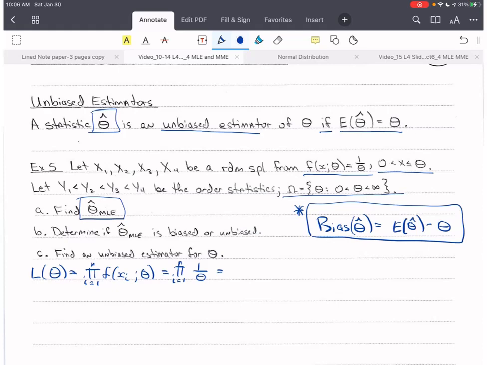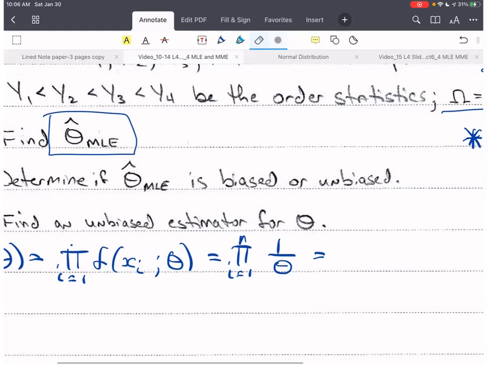And so this is going to be 1 over theta to the 4th. Oh, n is 4, so I need to make sure that I put in that n is 4, not n. So there's 4 of these, so we need 1 over theta to the 4th. That's our joint PDF. It's also our likelihood function of theta.